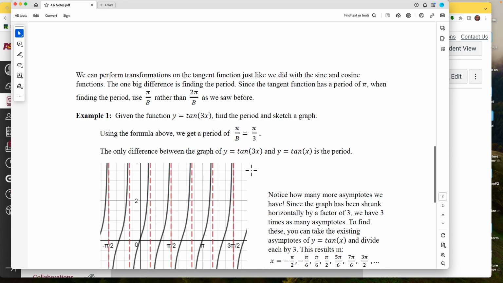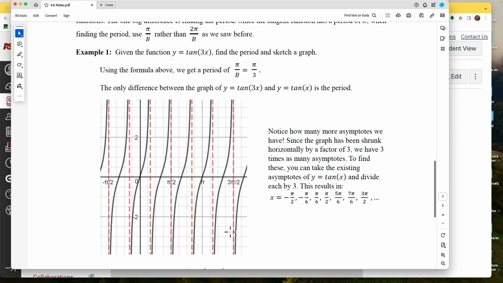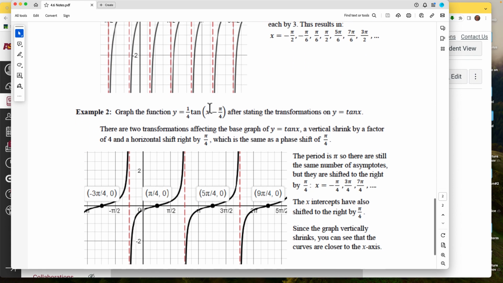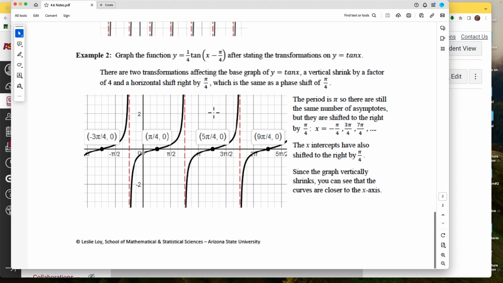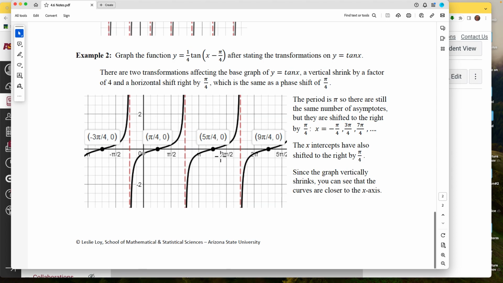So one of the things we can do is figure out what the period is. Instead of using 2 pi over b, like we did with sine and cosine, we use pi over b, because that's its period. So we'll take a look at these analytically. Then you can also look at where the y-intercepts or the x-intercepts are. But I'm also going to show you how we can anticipate what's going to happen, and then we'll be able to match the graphs pretty well.